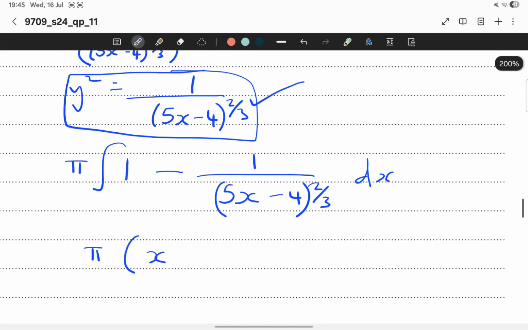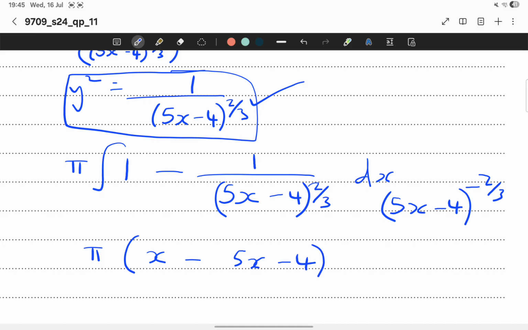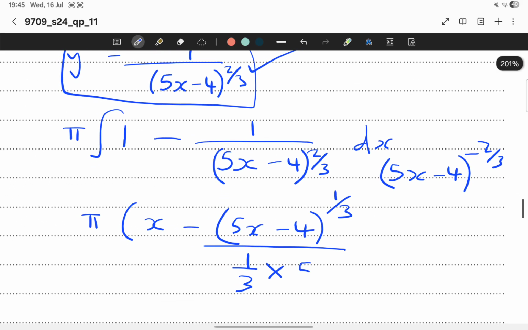We can also write the second term as (5x minus 4) to the power minus 2/3. We add 1 to the power, which gives a third, and divide by the new power and multiply by the derivative of the bracket, which is 5.